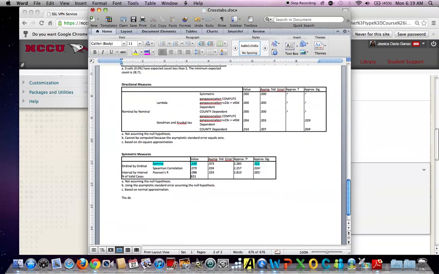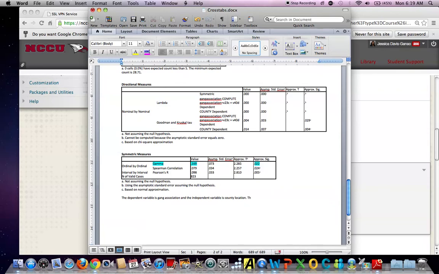The dependent variable is gang association, and the independent variable is county location.